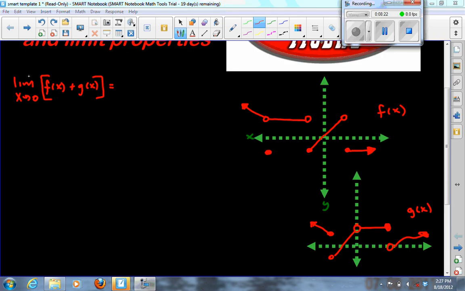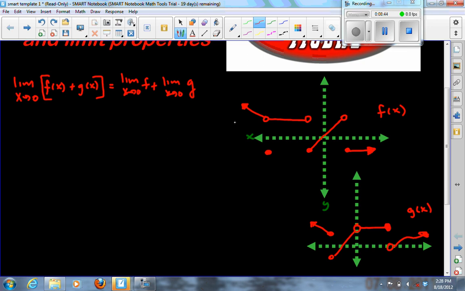So let's say I'm dealing with this one, limit as x approaches 0, f of x plus g of x. So what I'm going to do is just split this up into two different ones and treat it like two separate limit problems. So I'm going to do the limit of f as x approaches 0 and the limit of the g function as x approaches 0.